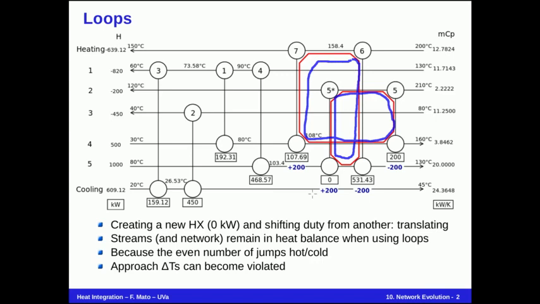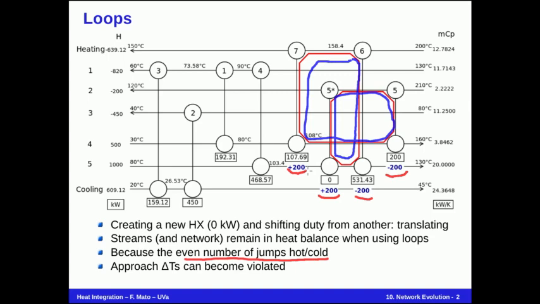Because of that, the number of jumps between cold and hot side is even. And if you modify the duty of heat exchangers alternately as negative, positive, negative, positive, the whole network will remain in enthalpy balance.